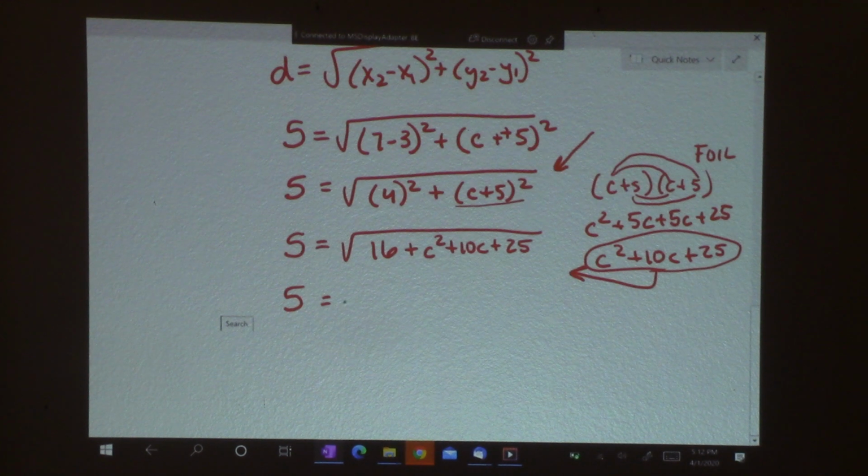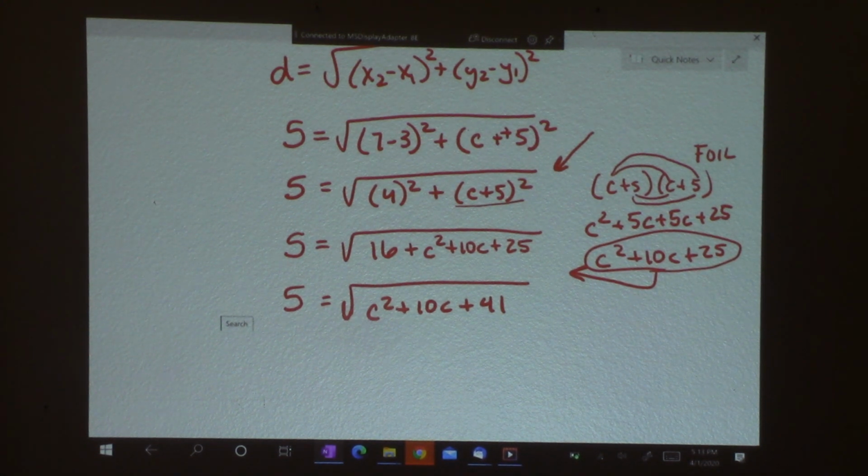Okay, so then I have the square root. Now I'm going to add 16 and 25. Okay, now I'm here. Now the problem is I have all of my letters under the square root.